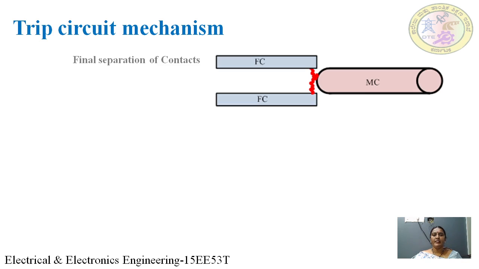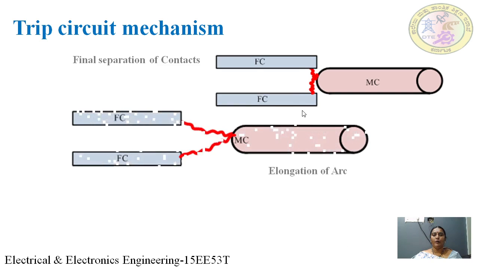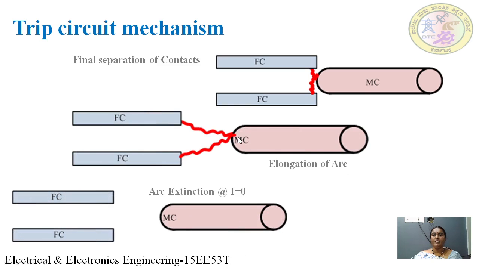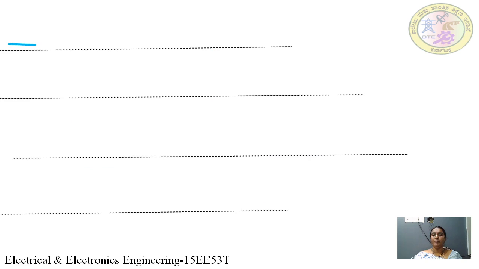Because of the increase in current density, the medium between the contacts gets ionized. Due to that, an arc will be formed in the contact, and this arc will be present up to a certain distance. After that, the arc will be extinguished at current equal to 0.